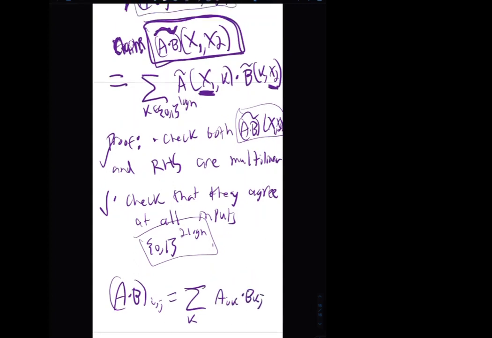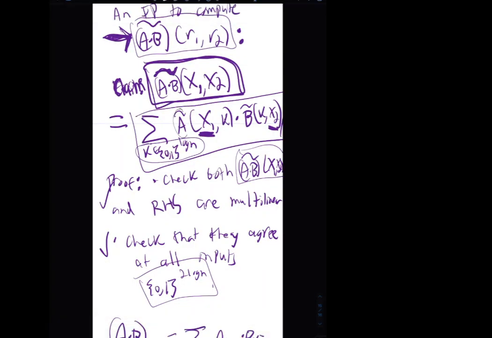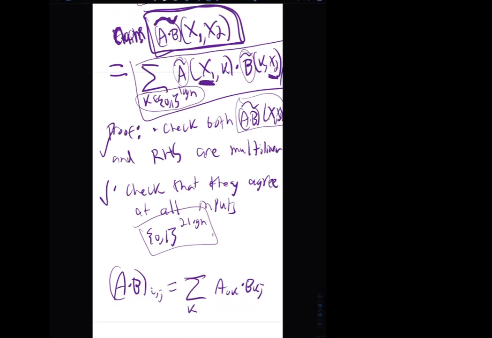And that's all that's happening here as well. If you restrict x1 and x2 to be Boolean, and k is obviously just summed over Boolean values, because A twiddle extends A and B twiddle extends B, if you fix x1 to i and x2 to j, this is exactly the sum you get out, the sum over k of a_ik times b_kj.